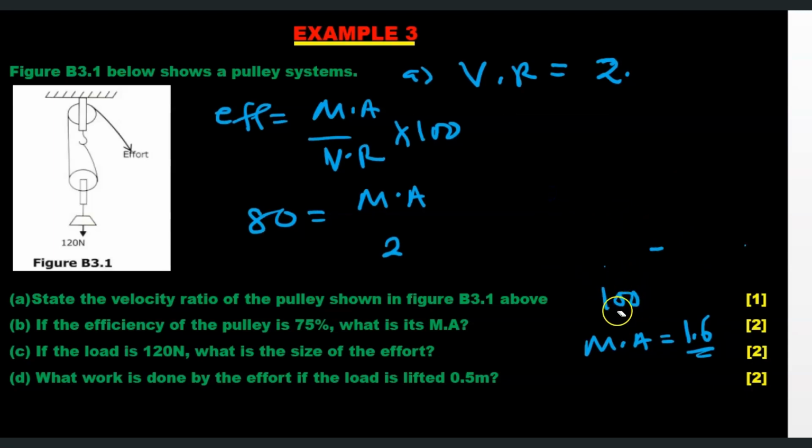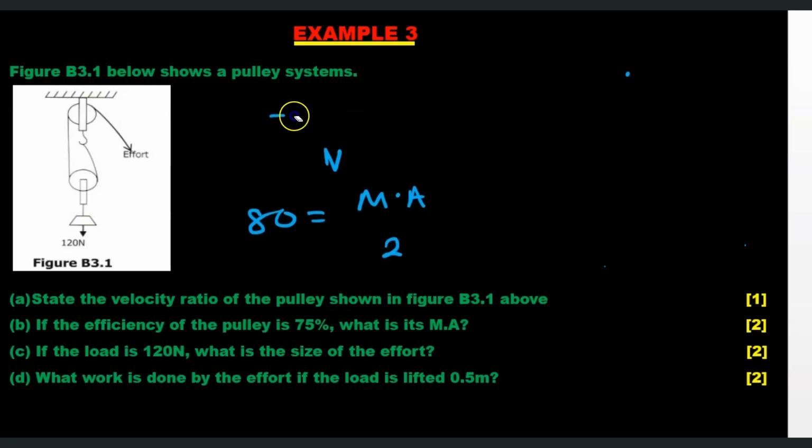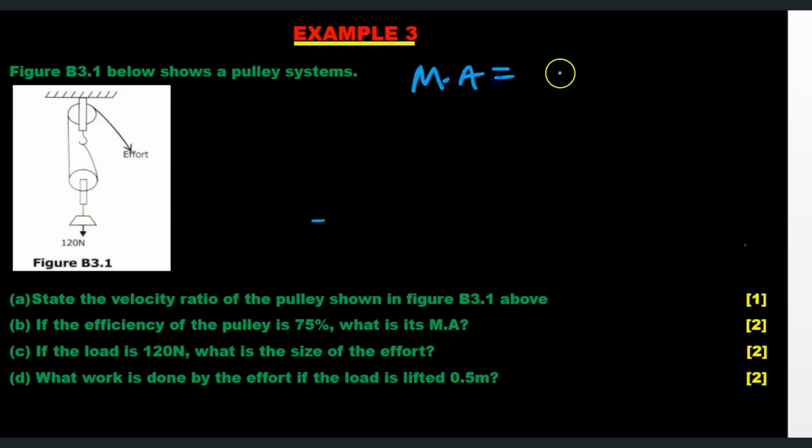Earlier on we said you just use the formula that connects effort and the load, and that is the formula for mechanical advantage, which is mechanical advantage is load over effort. The mechanical advantage we found to be 1.6, and we are finding effort, which we do not have, but the load is given as 120.